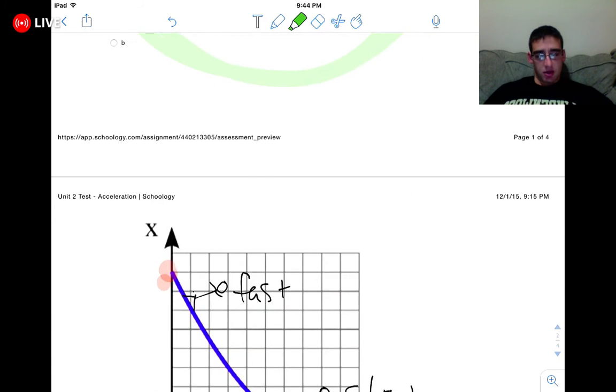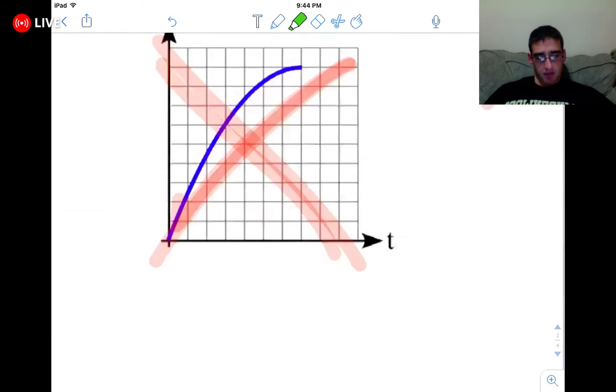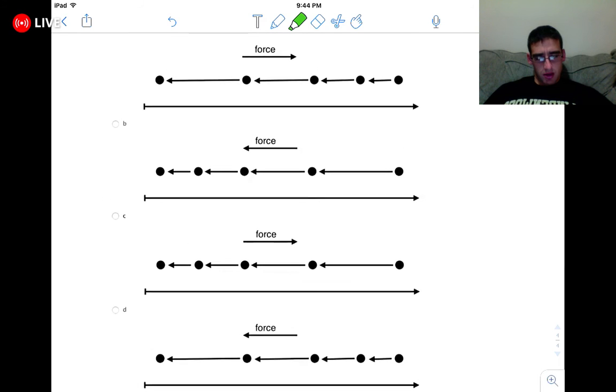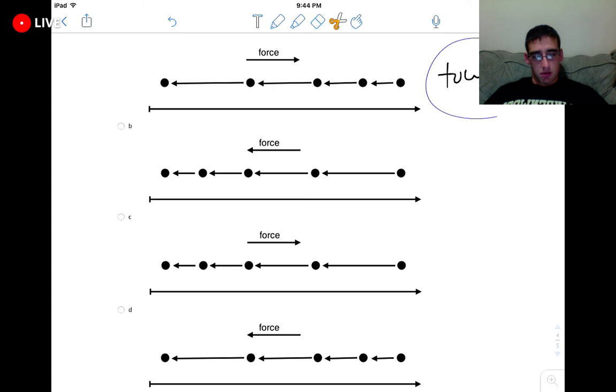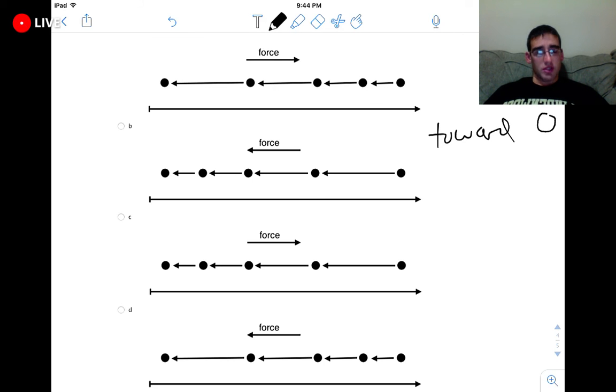All right, let's go down to the motion diagrams now. Okay, so here's our motion diagrams. Let's remember that it should be going towards 0 and speeding up.